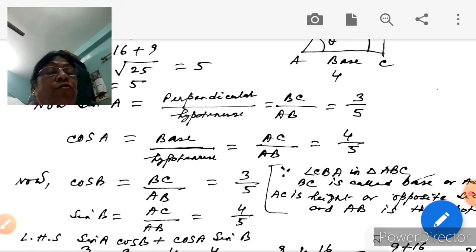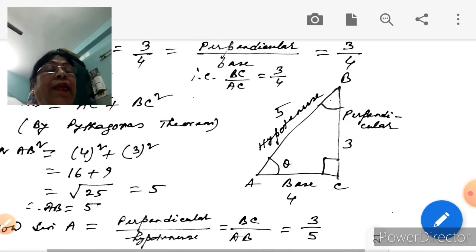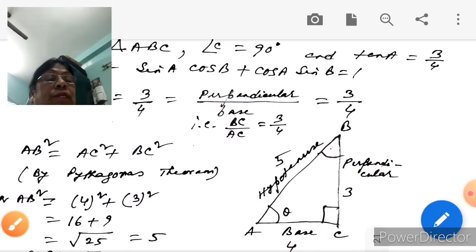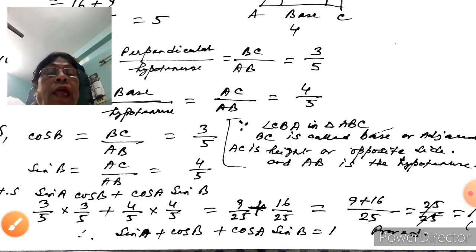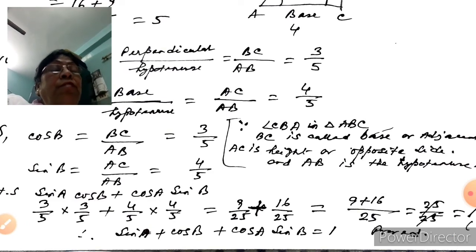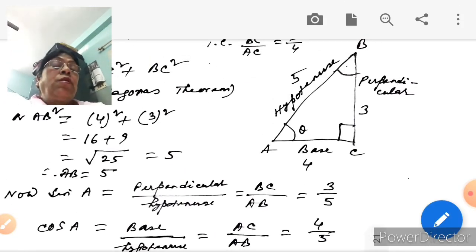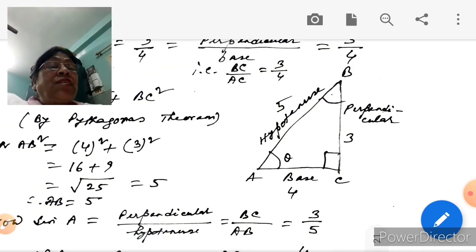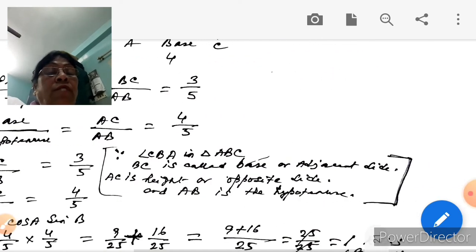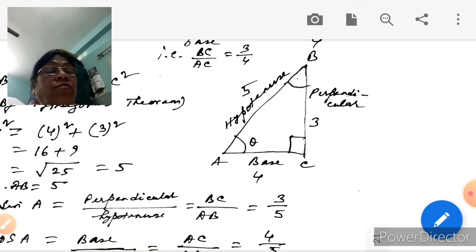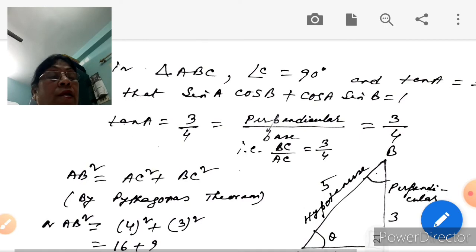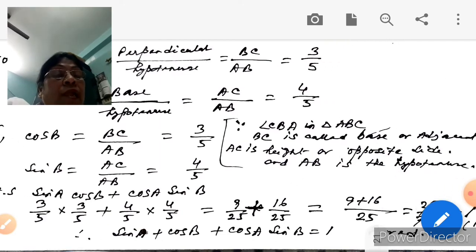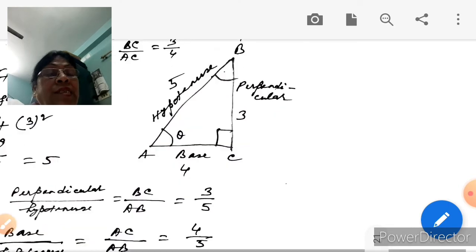In this case, we have to consider the angle CBA. In my first lesson on the Learn with Ruma channel, I told you to remember this: when you consider the angle CBA, then the adjacent side is called the base or adjacent side.